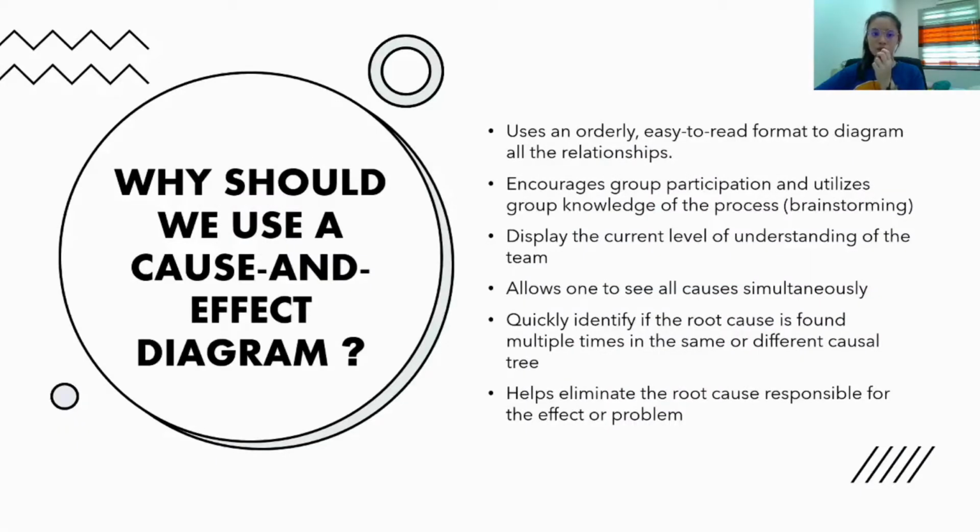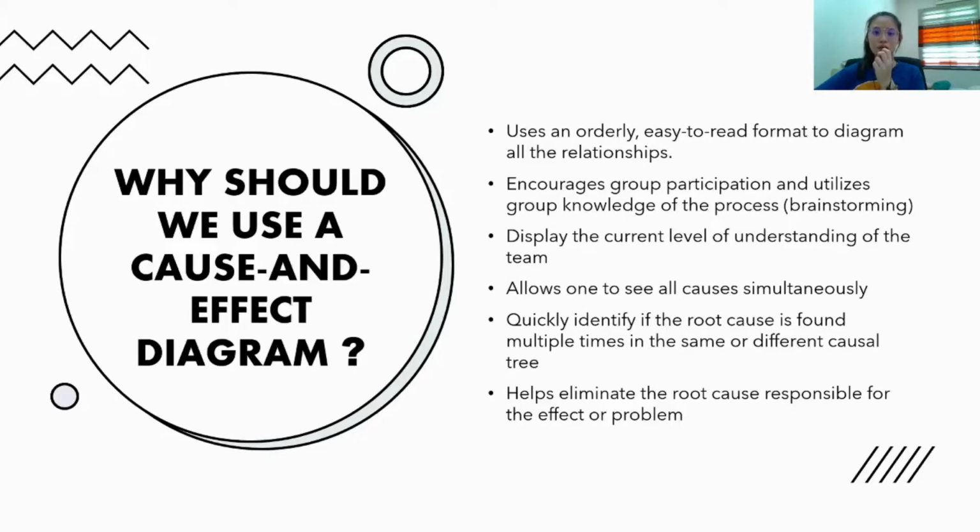Why should we use a cause and effect diagram? The first is that it uses an orderly, easy-to-read format to diagram all the relationships. It encourages group participation and outlines group knowledge of the process, which is known as brainstorming. It will display the current level of understanding of the team.